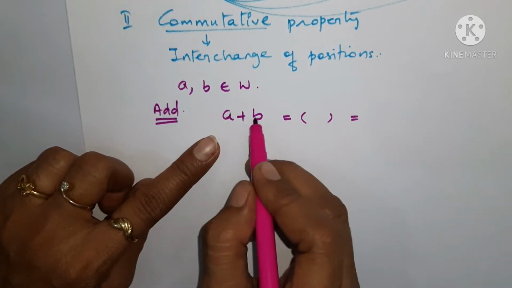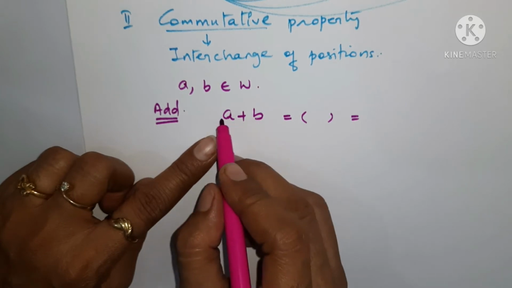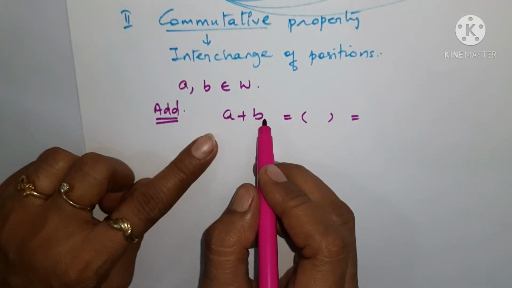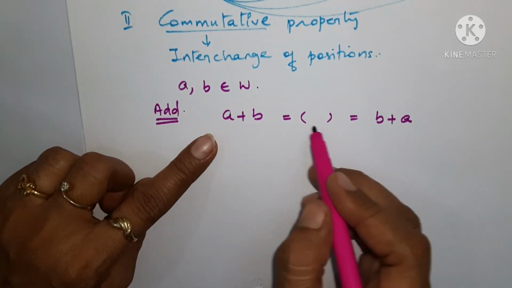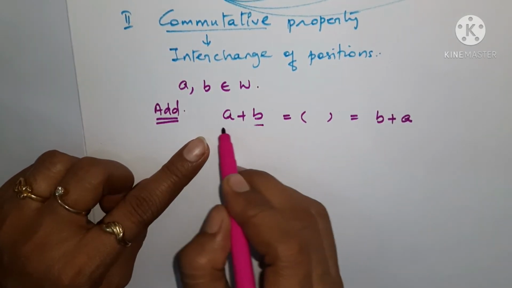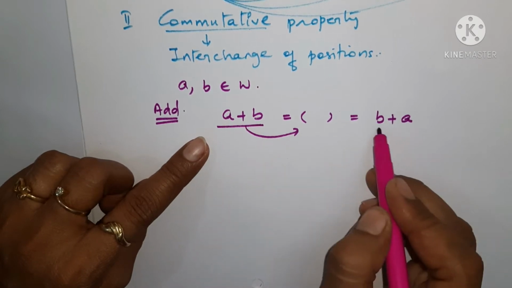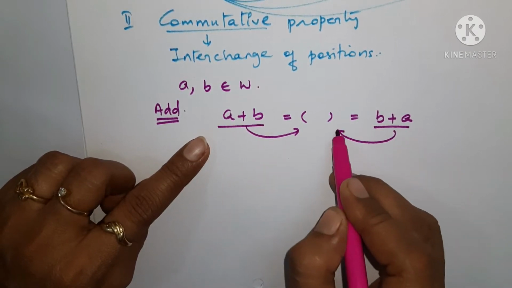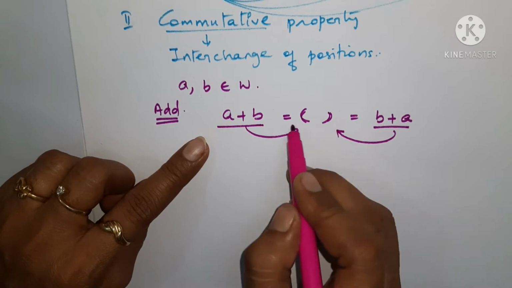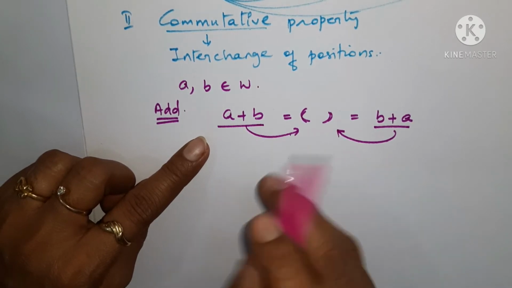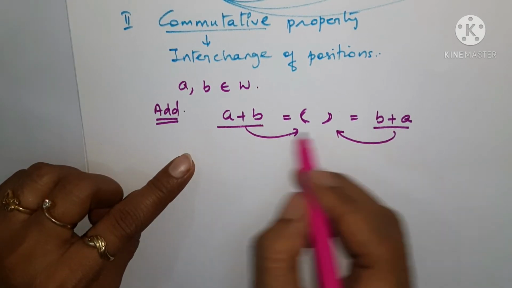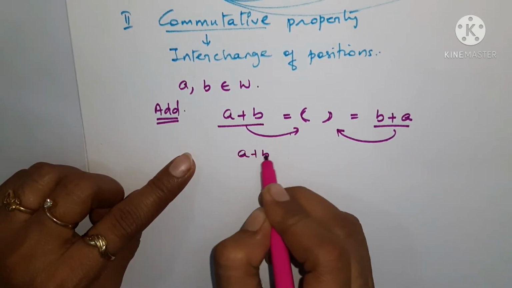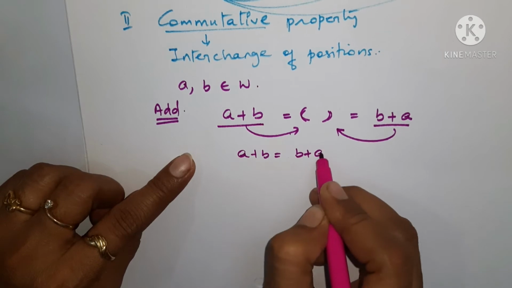Then if you change the positions, suppose b is taken first and a is written afterward, that means b plus a, then whatever result you get after addition in both cases, both are going to be equal. This is known as commutative property. You can write it in a simple way: a plus b will be equal to b plus a.